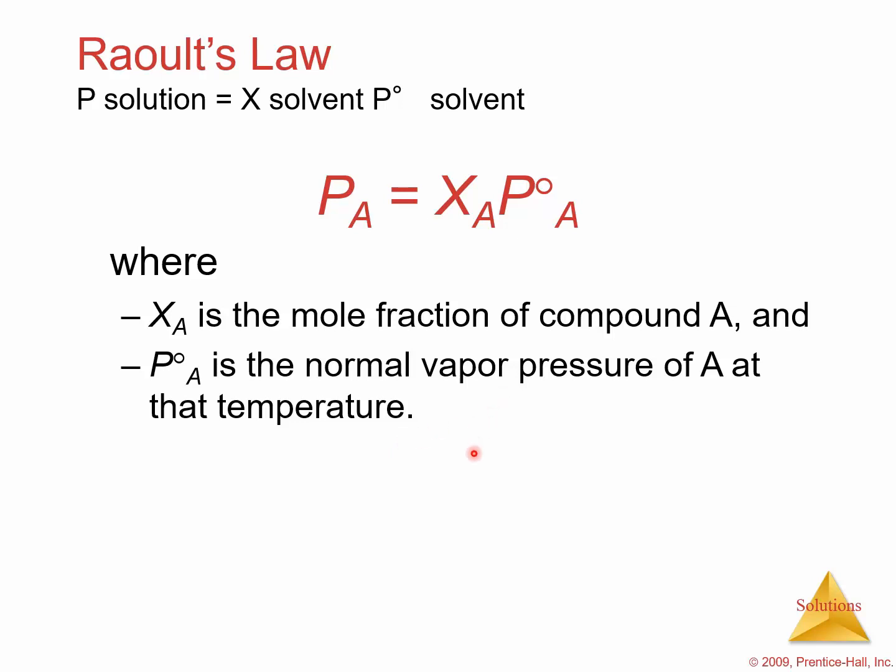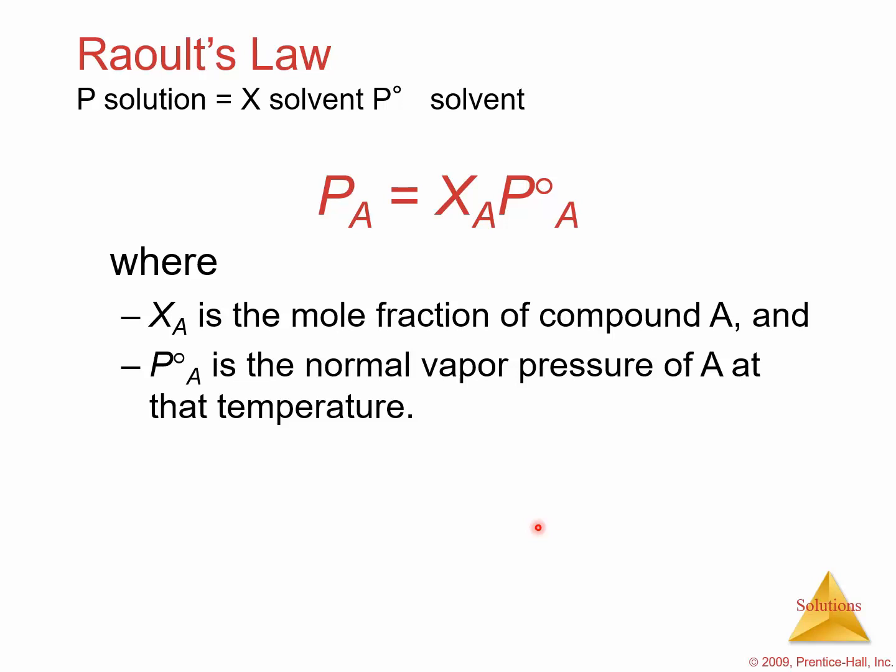According to this equation, the vapor pressure of water over the solution will be 80% of that of pure water. So P of water equals 0.8 times 17.5, which is 14 torr. In other words, the presence of the non-volatile solute lowers the vapor pressure of the volatile solvent by, in this example, 3.5 torr.